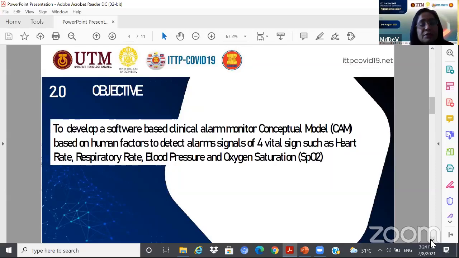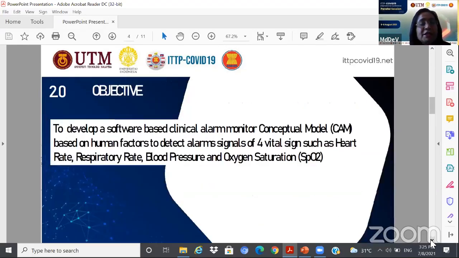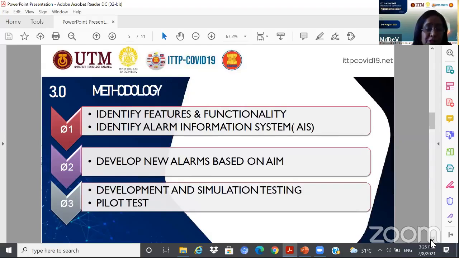The methodology adopted in this study was to identify the features and functionality of this monitor and to identify the alarm information system. This was conducted based on human factor methodologies. It started with an observation study in the ICU and CCU of one of the public hospitals to gather information on the current scenarios where they have to respond to the alarm system.